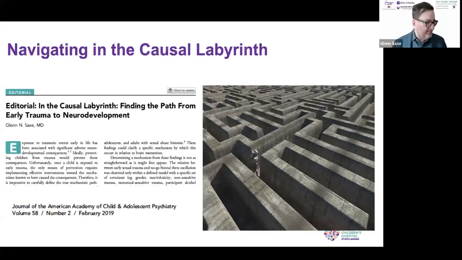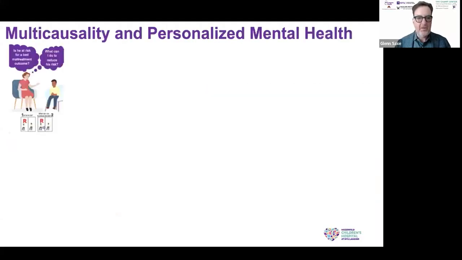I wrote an editorial in the Orange Journal, talking about research in navigating a causal labyrinth, and that we need the sort of methods that could really rule out confounding in a rigorous way in order to navigate this labyrinth.